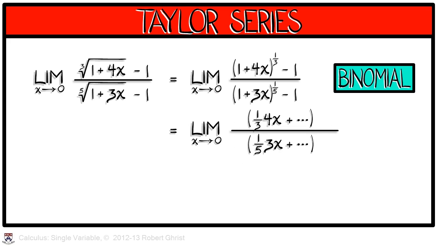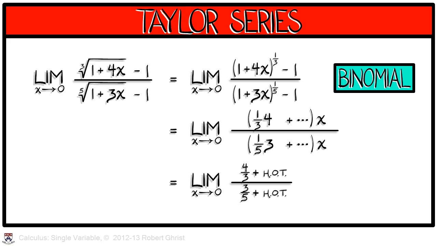Those subtractions get rid of the constant terms. We're left with terms that all have an x in them. We factor that out, and then the leading order terms are 4/3 in the numerator and 3/5 in the denominator, yielding an answer of 20/9.